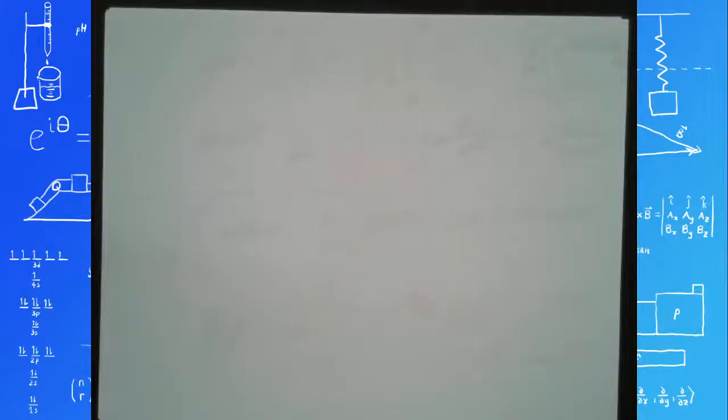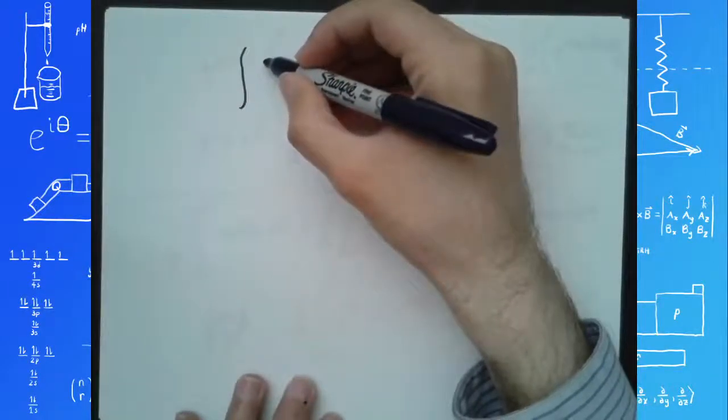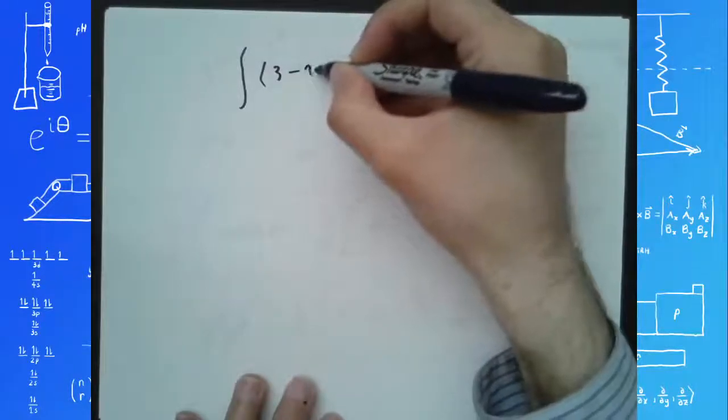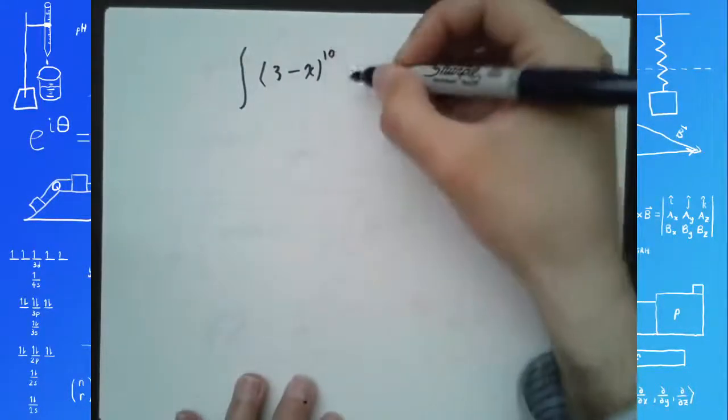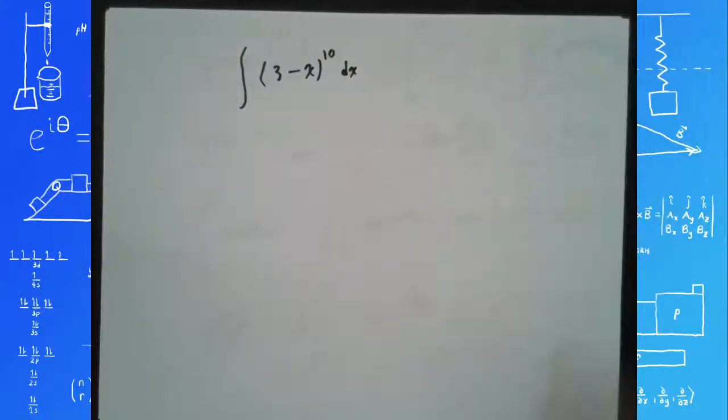It'll become more clearer after you see the first example. Let's say you wanted to do the integral of 3 minus x to the 10th power with respect to x, an indefinite integral. How would you go about doing this?